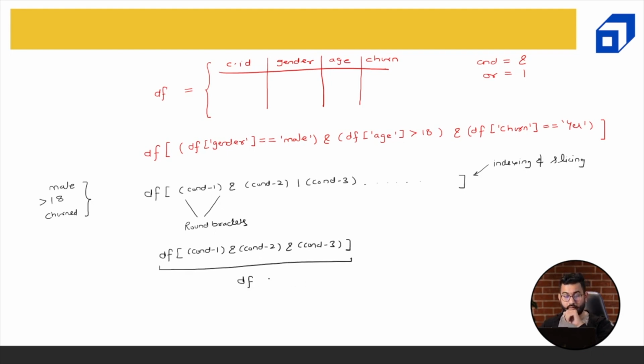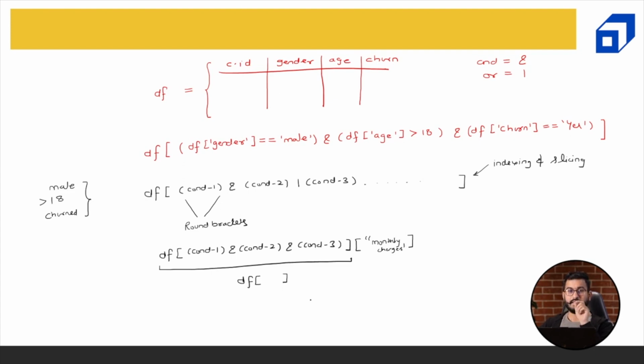Now if I have to index any column from this filtered data, I'll just need to add a square bracket after this, and let's say I have to extract the column monthly charges, then I can do simply like this.